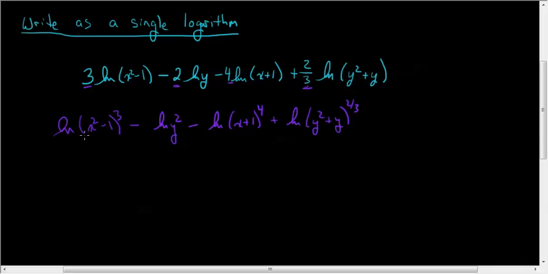Okay, now I recognize that some of these are being added. This one and this one are being added, and these two are being subtracted.